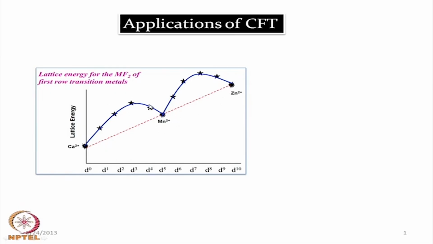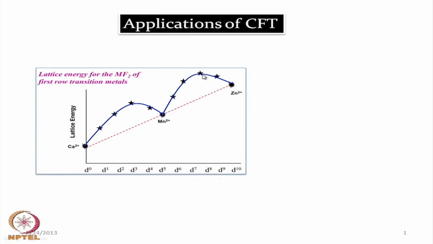So, after d3, when we go to d4, one electron goes to the eg level, so it contributes a smaller amount to the lattice energy compared to the d3 configuration. That is why it is less, and d5 is further less than the d4 configuration.